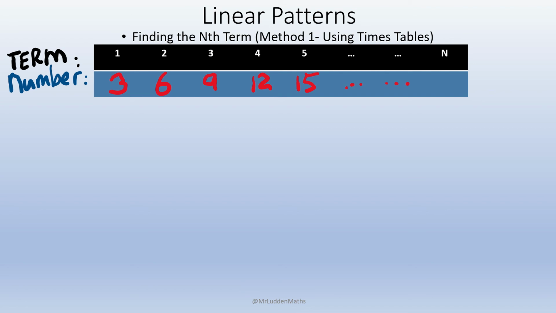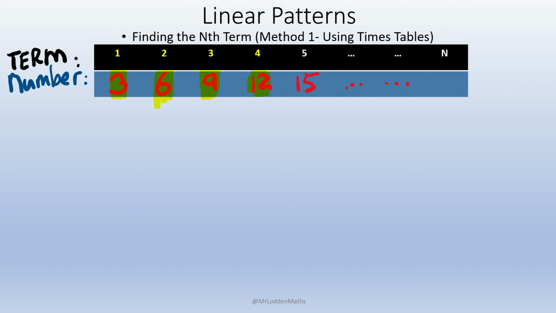What we're going to look at is the position of these numbers in relation to where they are in your sequence. Just a couple of things to point out. Your first term is 3, your second term is 6, your third term is 9, your fourth term is 12.